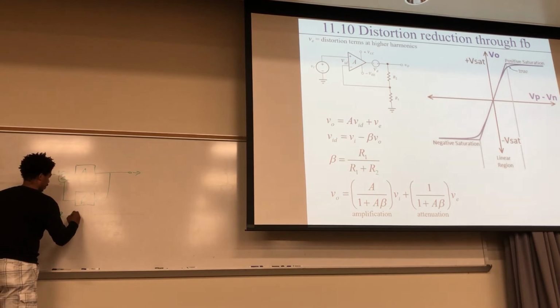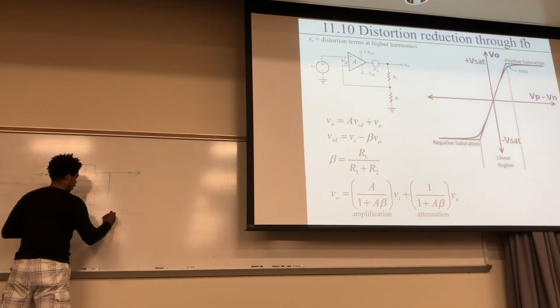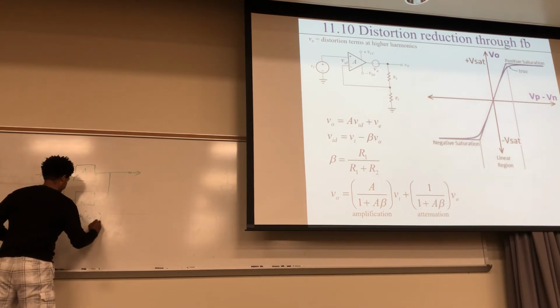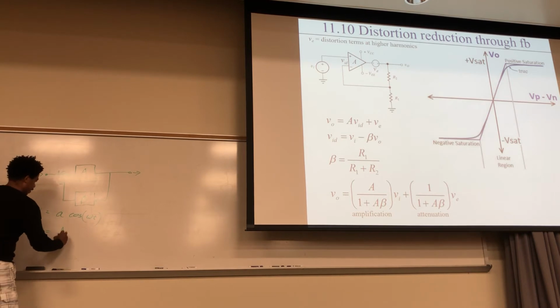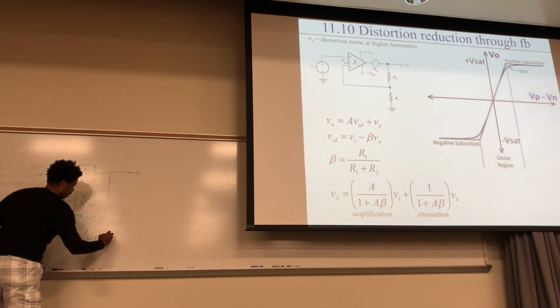A cosine omega t plus no phase coming in, right? So let's just say it's that. And then for the output, this is going to be magnified, amplified somewhat. This is going to be the fundamental, but you may be off by some phase, say.